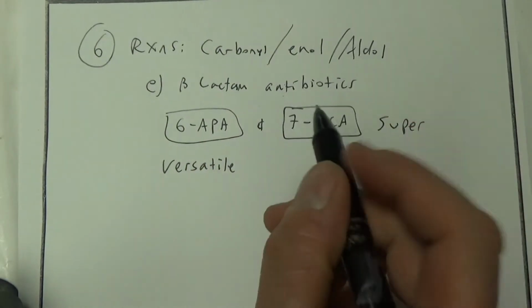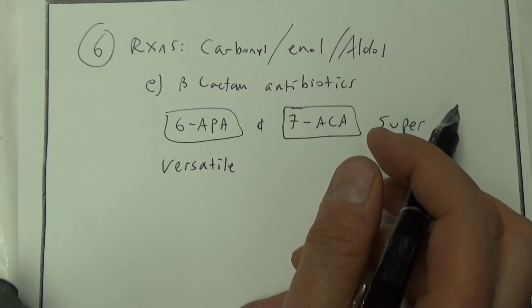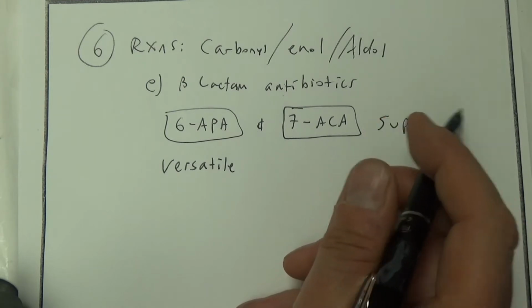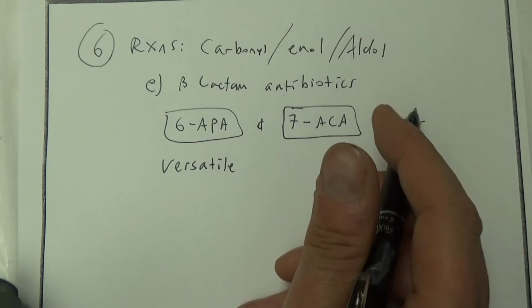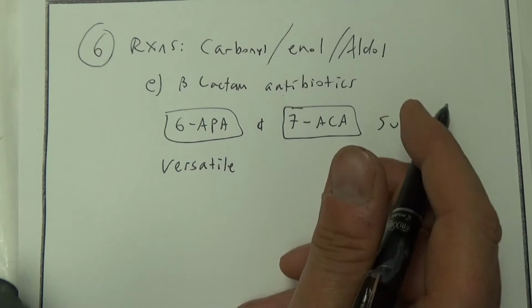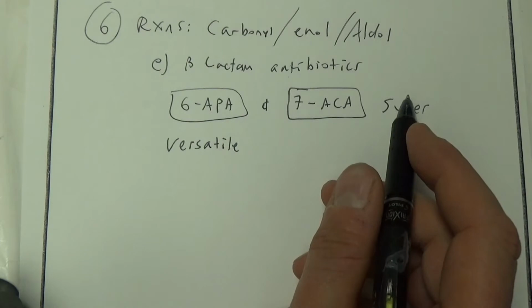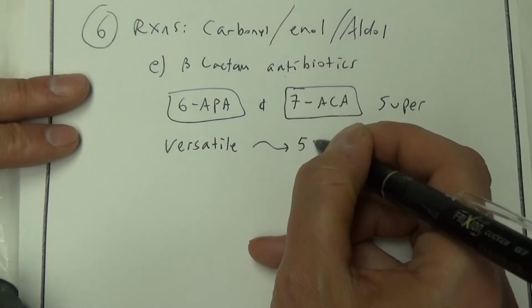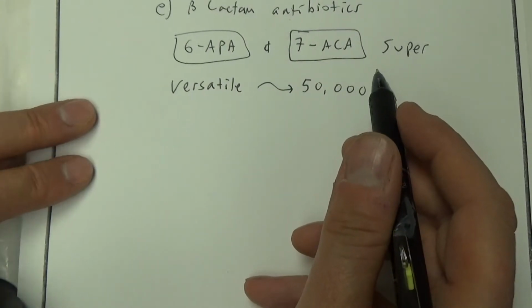Meaning, you know, you can use them as these nice building blocks just to make all sorts of derivatives. And of course, antibiotics are a popular drug type because of the prevalence of bacterial infections, which is pretty crazy, and also drug-resistant infections. So super versatile, and somewhere I read that people have made about 50,000 analogs just using those building blocks, 50,000 derivatives.